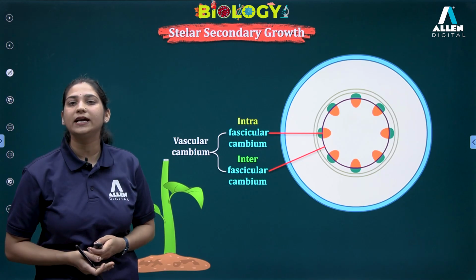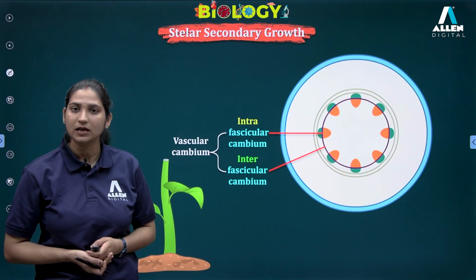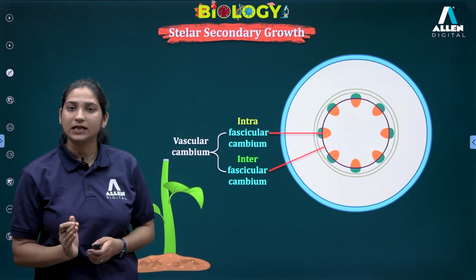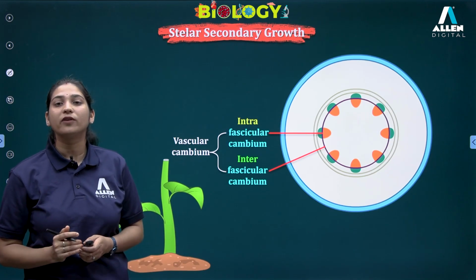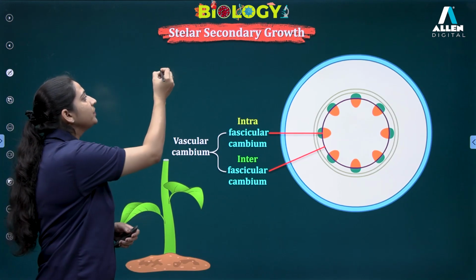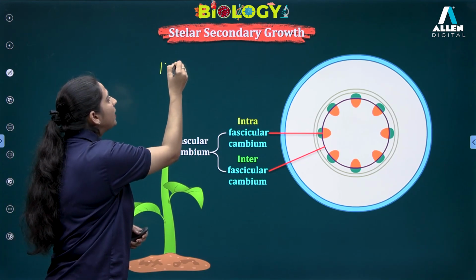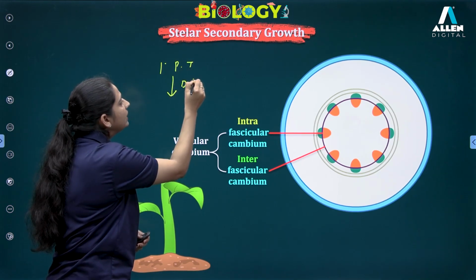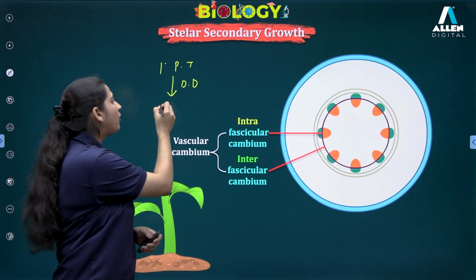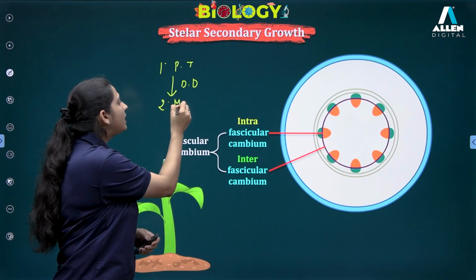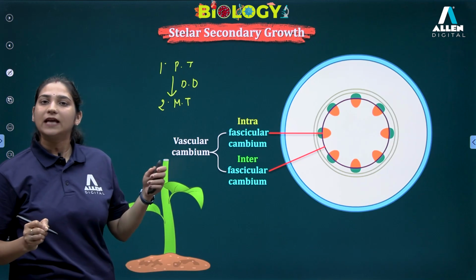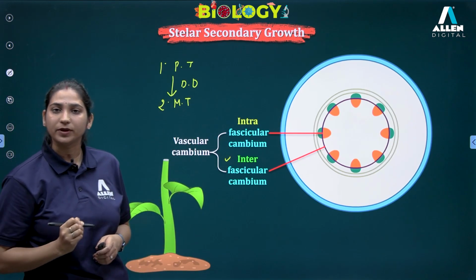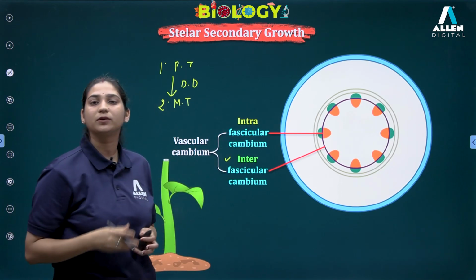In the last slide, we saw the medullary rays, the primary permanent cells. Those primary permanent cells undergo the process of de-differentiation to form secondary meristematic tissue. That secondary meristematic tissue is the interfascicular cambium, which lies between the vascular bundles.